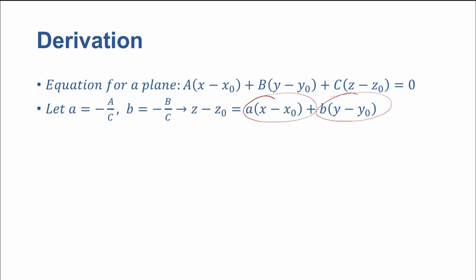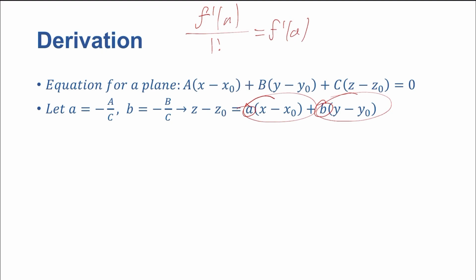So if we had 4 variables, then it would be plus c times z minus z naught plus d times w minus w naught. You get the picture. But essentially, now we just need to determine what these terms are, and in a first order Taylor series in single variable, that is usually f prime at a over 1 factorial. So that's just f prime of a.